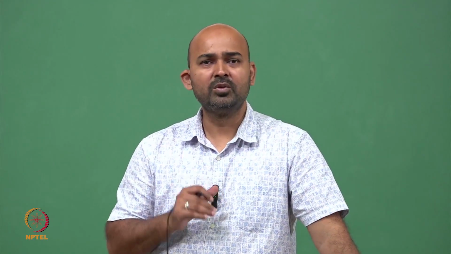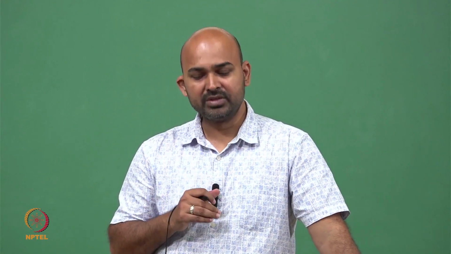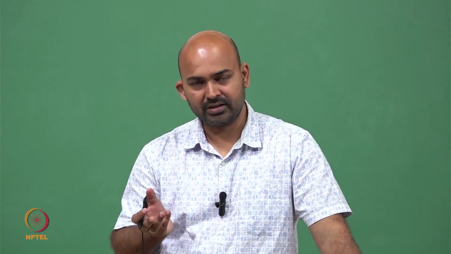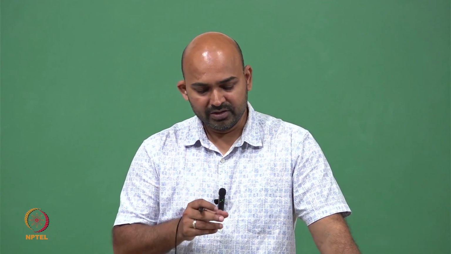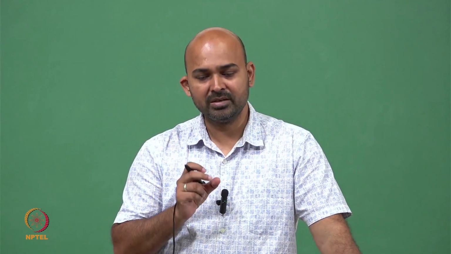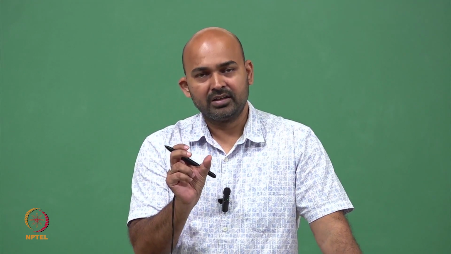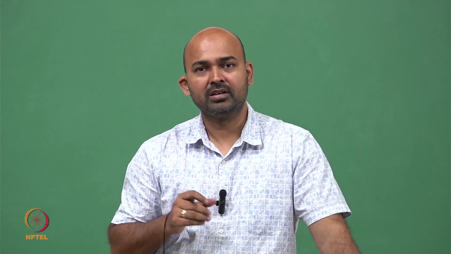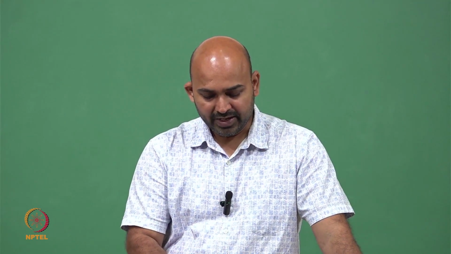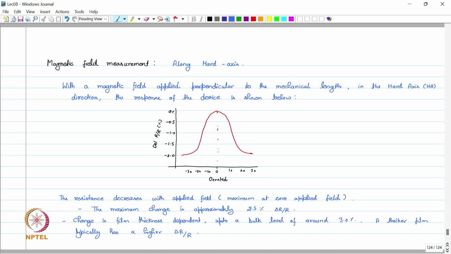And the magnitude of this is typically 2%, which is good enough for detection using the electrical amplifiers or so. We can detect this 2% change in the resistance using our electronic circuits. So we have this maximum at zero applied field and it decreases by 2.5%.